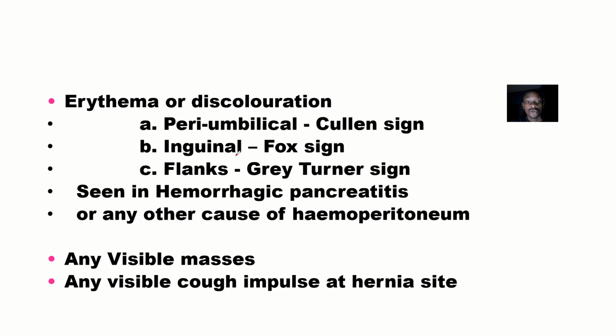You're also looking at the inguinal region, if there's any discoloration. Then around the flanks, the right and left flanks, you're trying to see if there's any discoloration too. That's Grey Turner's sign, and this will be seen in hemorrhagic pancreatitis.